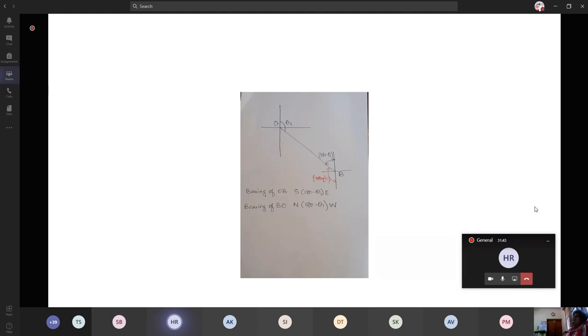North 21 degree west. So what is the rule now? You have to tell me what is the rule.